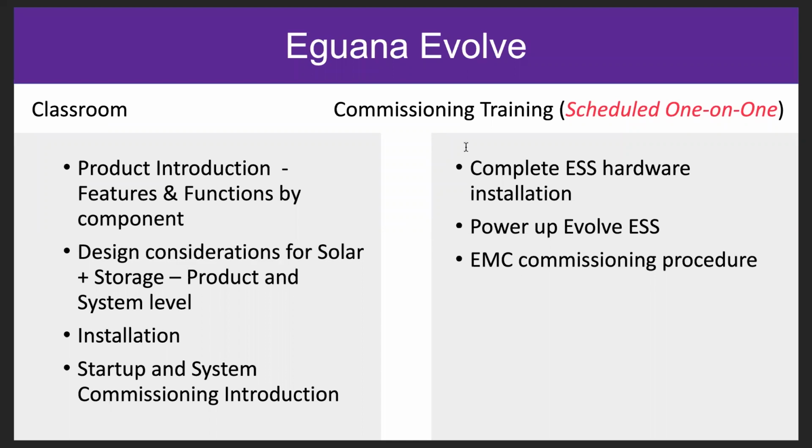As far as the commissioning training, our format is to do a one-on-one commissioning training with your first system installation. Once the hardware has been installed, review the installation itself, and then the security requirements for connecting to and commissioning the device, and then commissioning it once that's been completed.